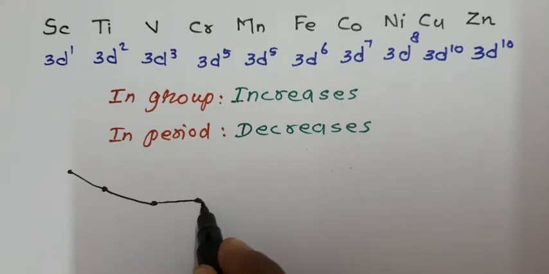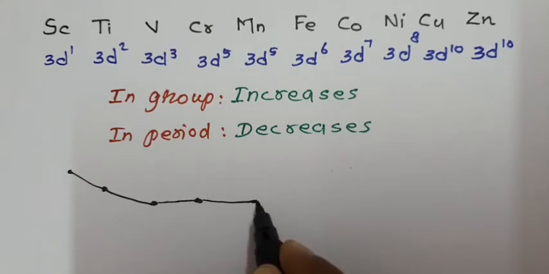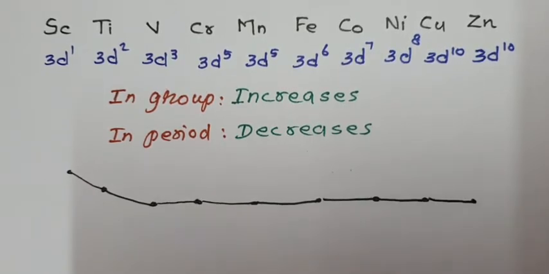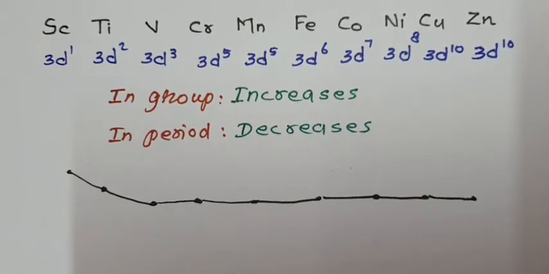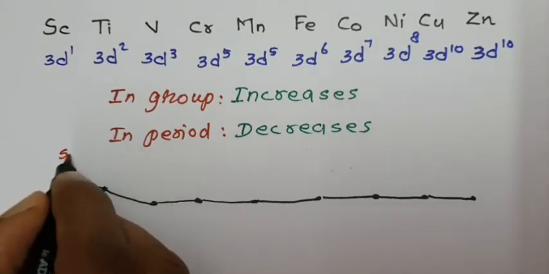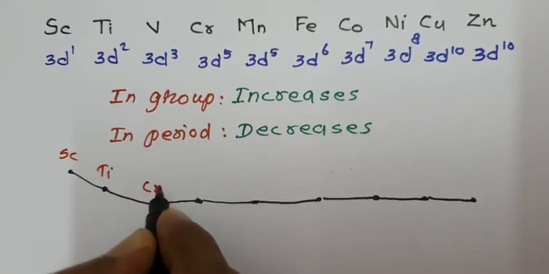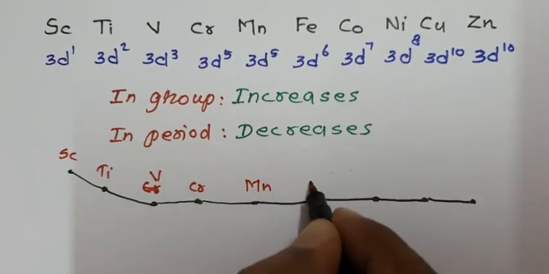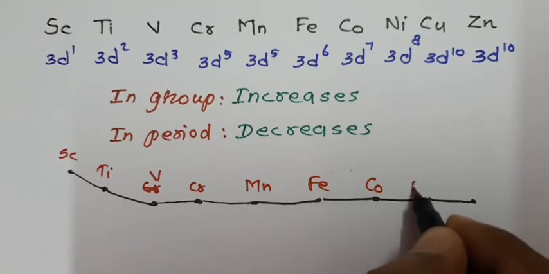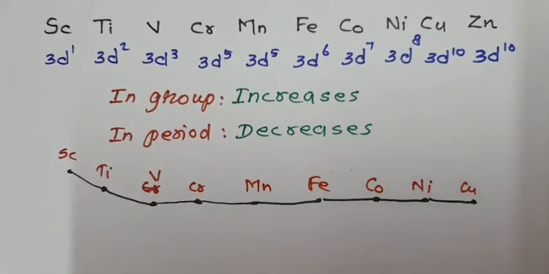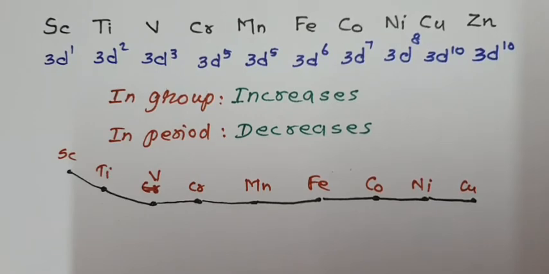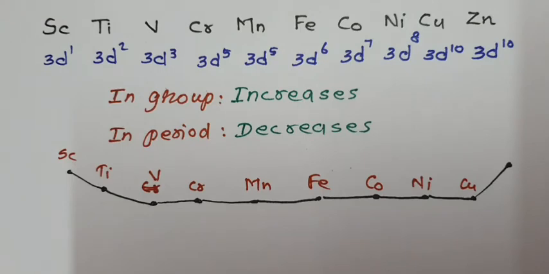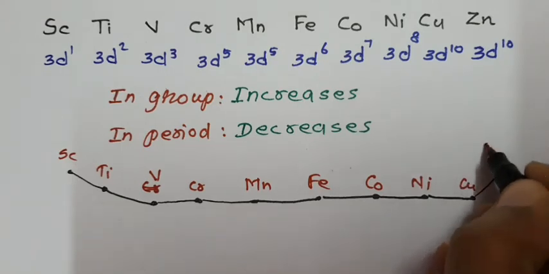After that, there is a steady decrease through manganese, iron, cobalt, nickel, copper. Finally, what happens? There is a sudden increase in the atomic radius for zinc.